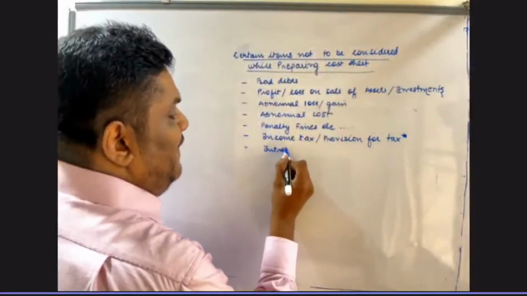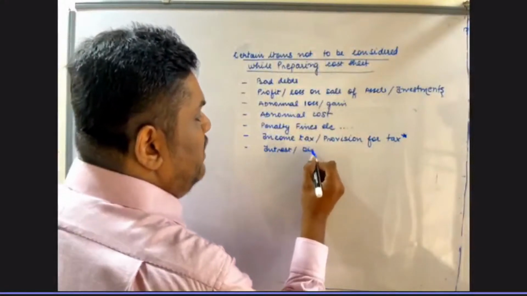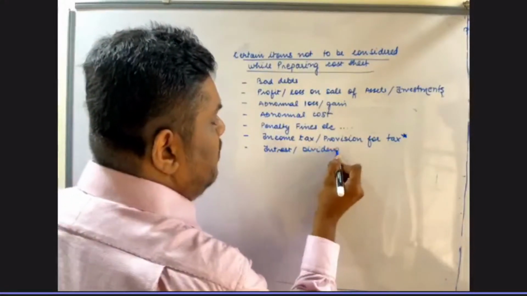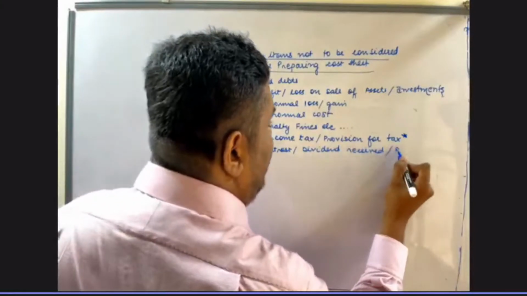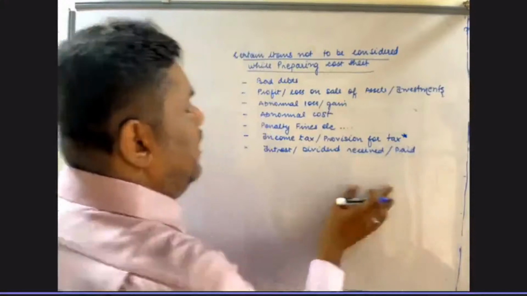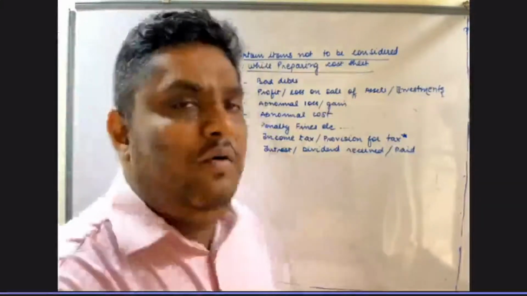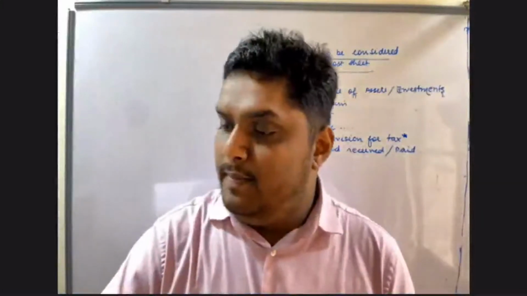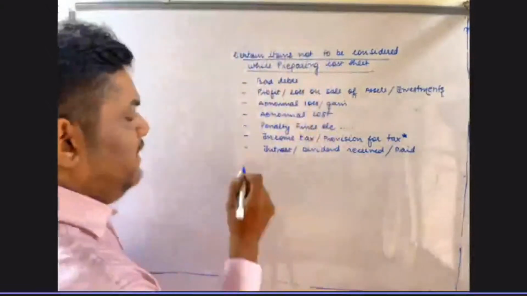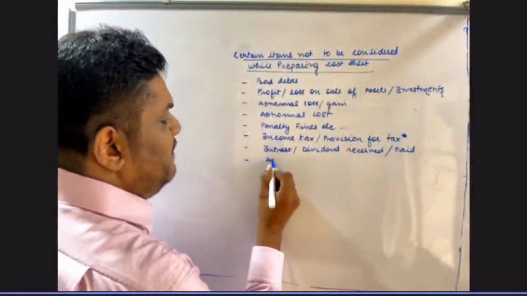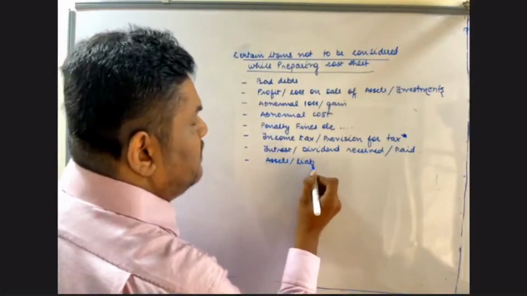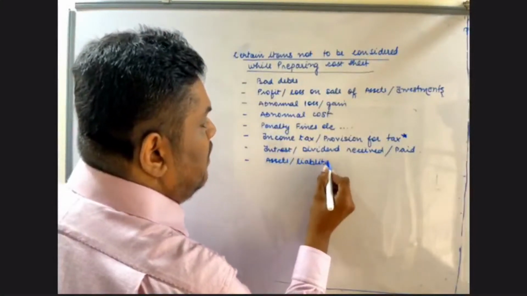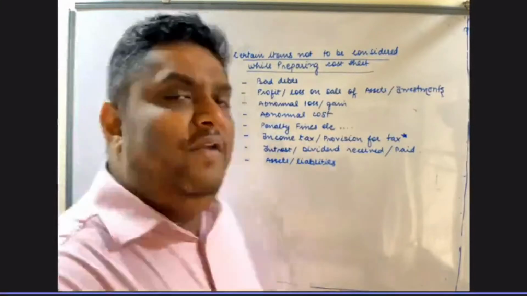If any sort of interest or dividend received or paid by whatever name called will never form part of cost sheet. Further, if any information is given as regards assets or liabilities, then it will never form part of cost sheet.